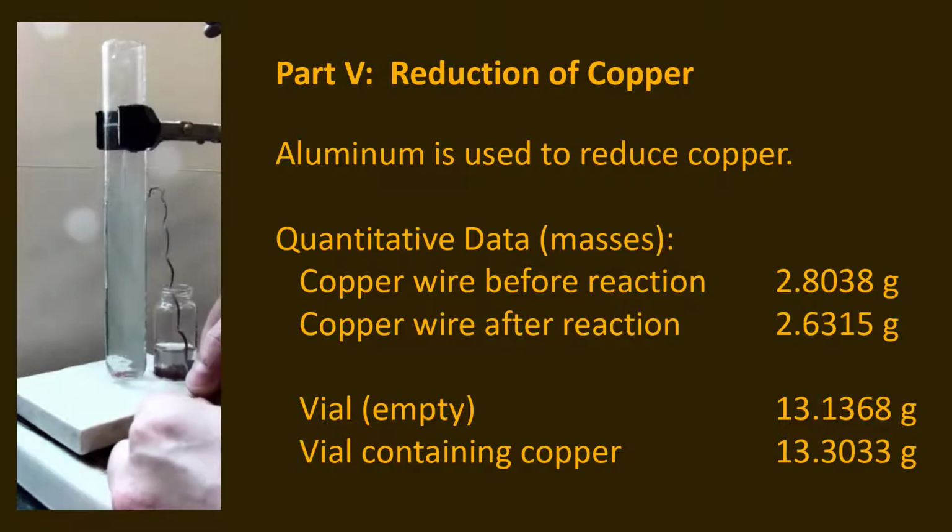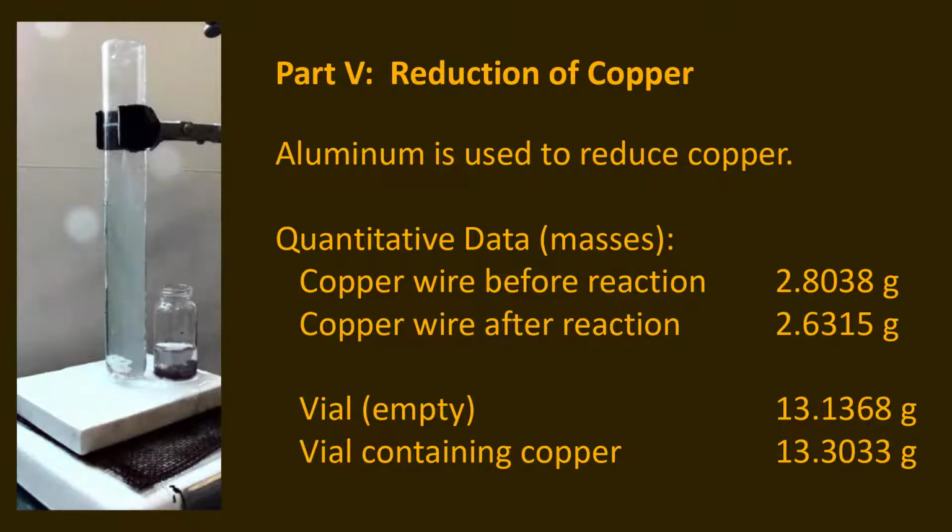And I could think about either going after that or trying to determine its mass, but there's going to be a lot of confounding issues, right? If I try to weigh the aluminum wire before and after, then some of the aluminum consumed is going to be a result of the oxidation with the copper, and some of it's going to be the oxidation by the acid, and I'm not going to be able to know how much of the aluminum was oxidized by the acid.